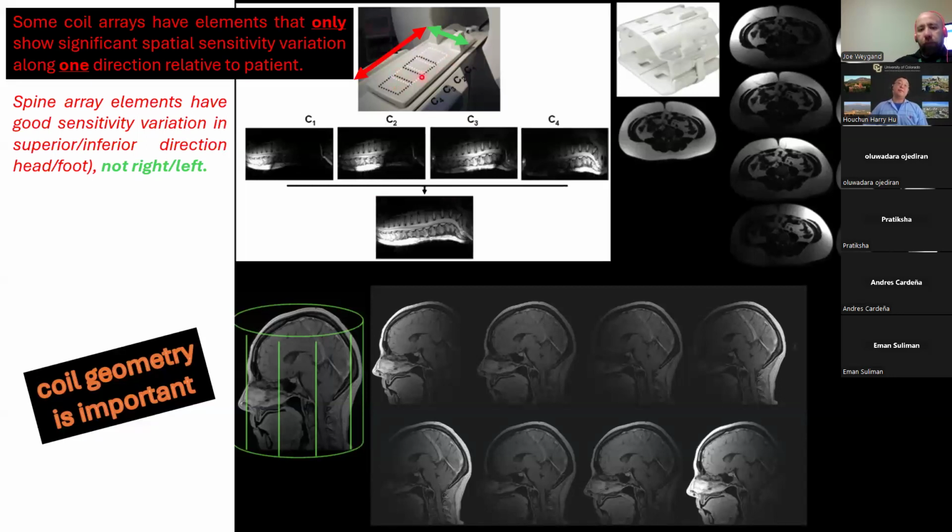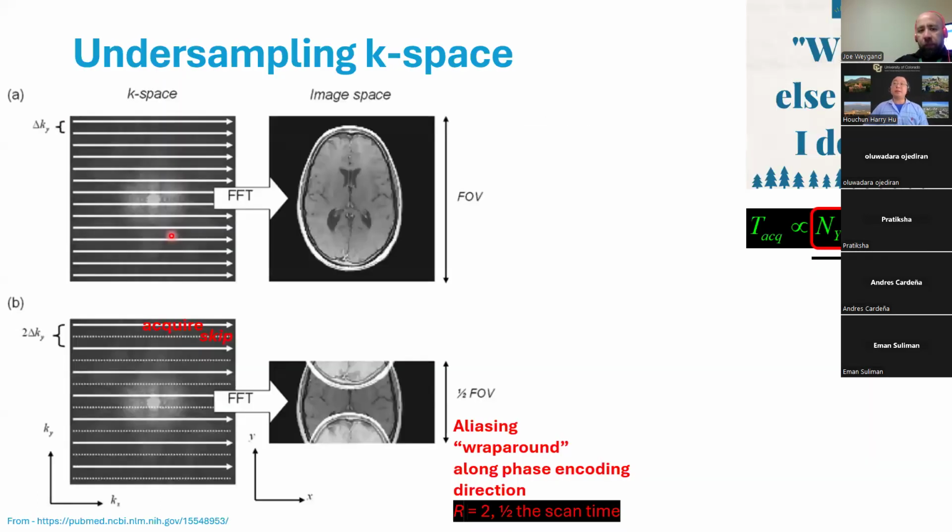And you'll see later that if you were to do sensitivity encoding or parallel imaging here, left-right is not the best direction to pick because there's no sensitivity difference left and right, and it's the foot-head direction that's actually the one you want to take advantage of. So just be mindful sometimes when you do parallel imaging, of the anatomy you're interested in and what coil you actually have plugged in.